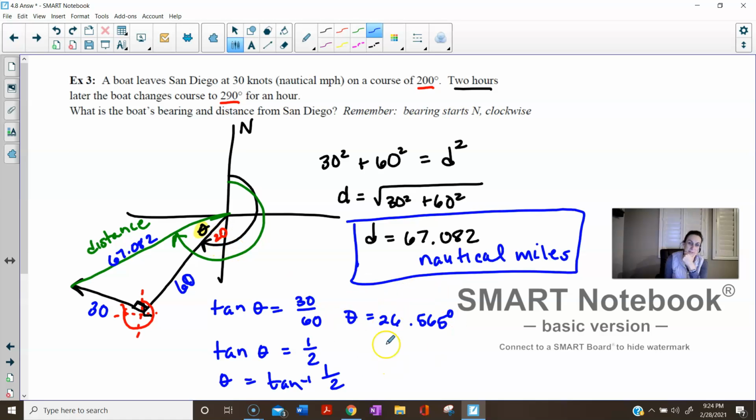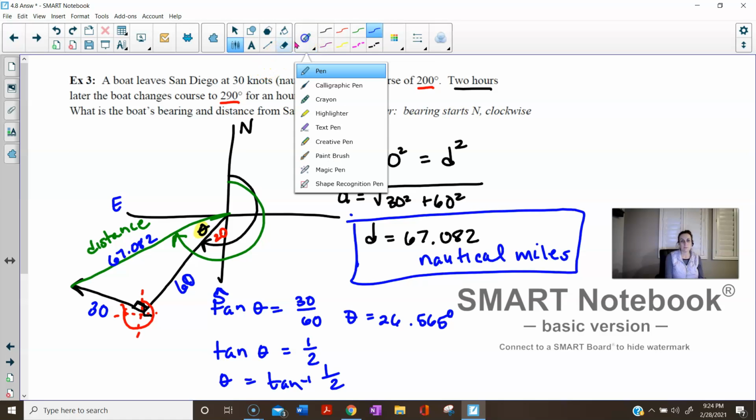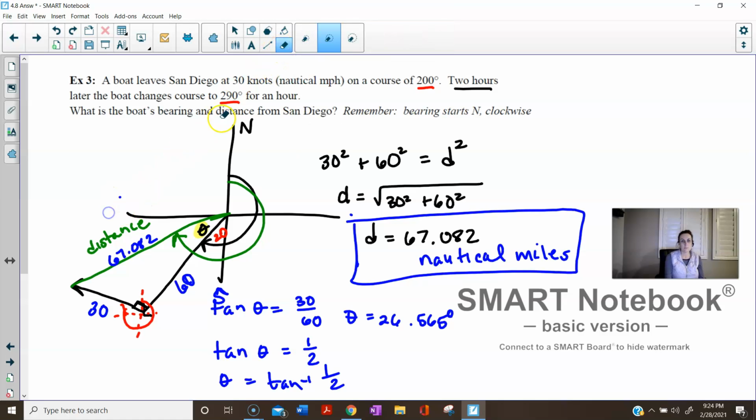Now, if you wanted to, you could say the bearing is 20 plus the 26. There are different ways to write it.